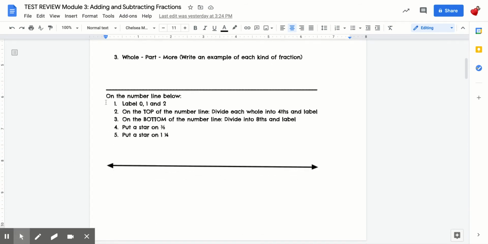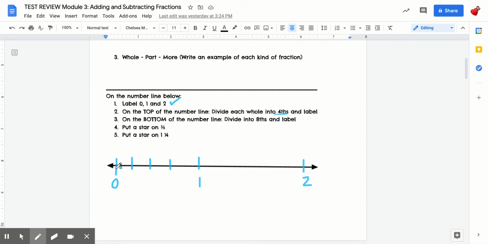All right, on the number line, let's go way back to number lines. If we have 0, 1, and 2 labeled on our number line, well, there's question 1 right there. On the top of the number line, we want to divide each whole into fourths and label. So our whole is going to be split into 4 parts because we're splitting into fourths.